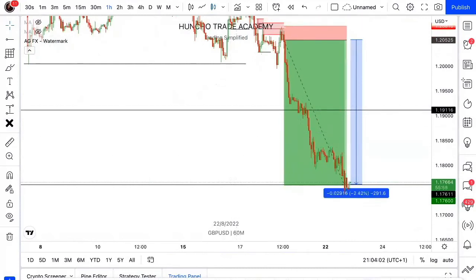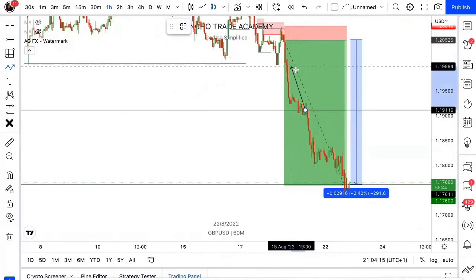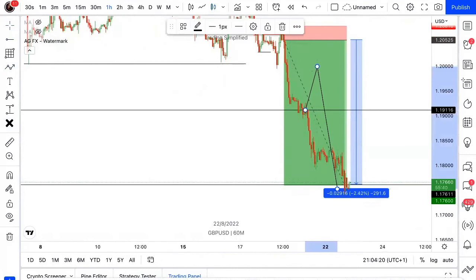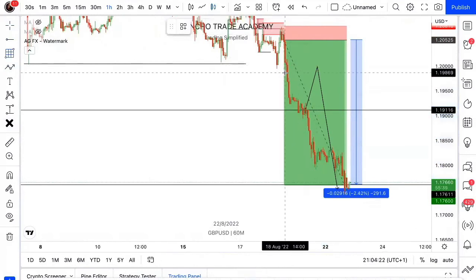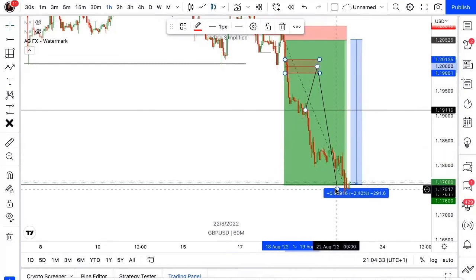You can see that area was an order block. It has been filled in the past, but I actually feel that we might see a rejection to respect this order block, then start moving to the downside because there's another order block here. So that was why I managed to close 80% of my trade here at 1 to 5 risk to reward. Then I swing the rest to TP.